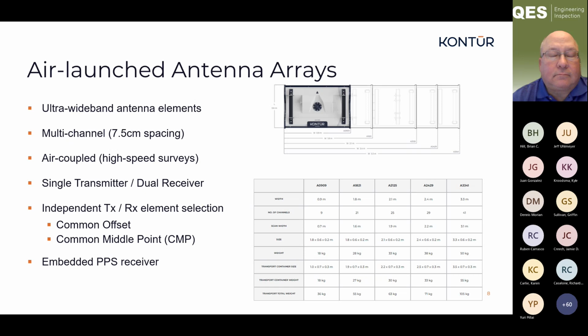The rest of the information is important, but down in the table, which I know is difficult to read, basically this antenna can be purchased and used at different widths, essentially widths of the antenna. Very common, what we've seen so far in the highway community is either a 1.8 meter antenna or a 2.1 meter antenna.